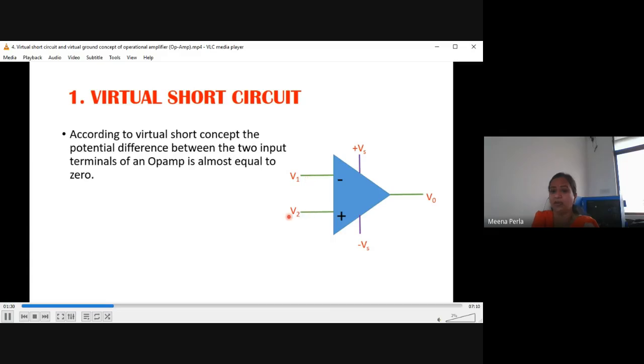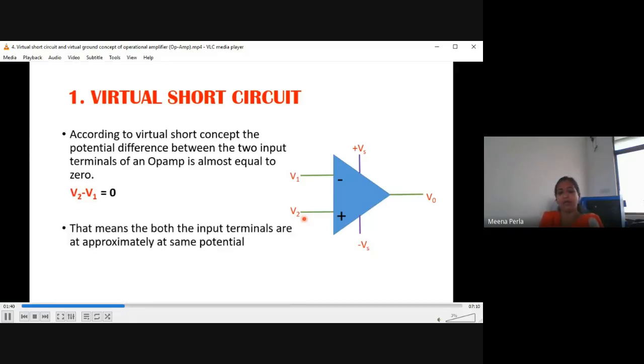According to the virtual short circuit concept, V2 minus V1 should be equal to 0. This is the first statement. The second says if V2 minus V1 is equal to 0, both terminals are at the same potential. Therefore, V1 is equal to V2.